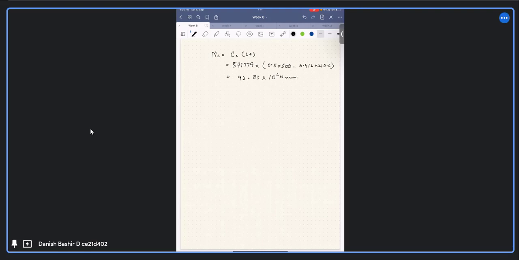MC. And for MS, we have to take the summation of all the rows. MS comes out to be summation CST times YI. YI is the lever arm for ith row. When we take this summation, we have to take this for the first row.